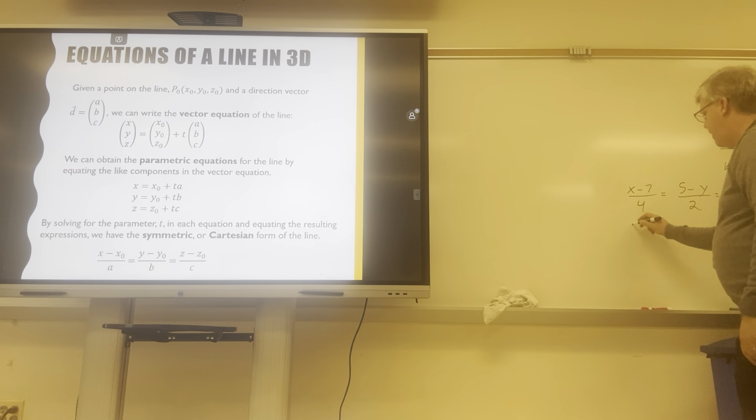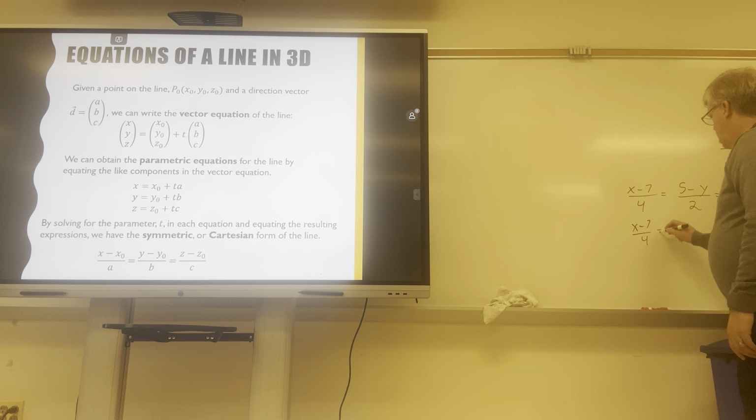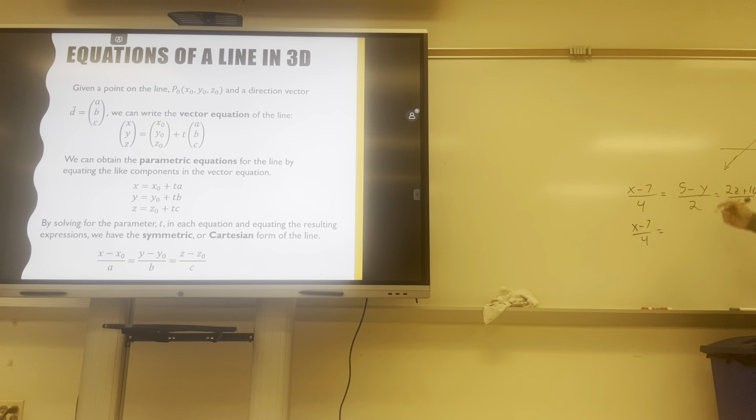So the x part is fine. But here, I would want to flip this around. So I would write y minus 5 on the top. But if I want to make this equivalent and I switch this to y minus 5, then this needs to be negative 2. And then here, I want z to have a coefficient of 1. So I could factor out the 2, right?